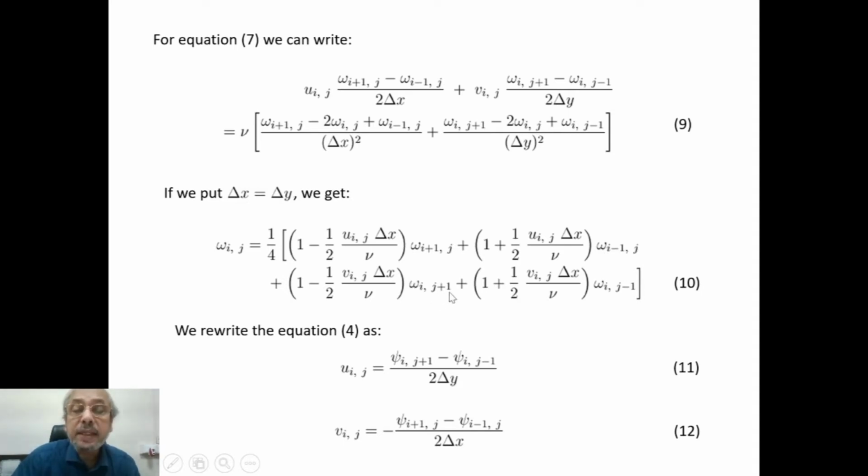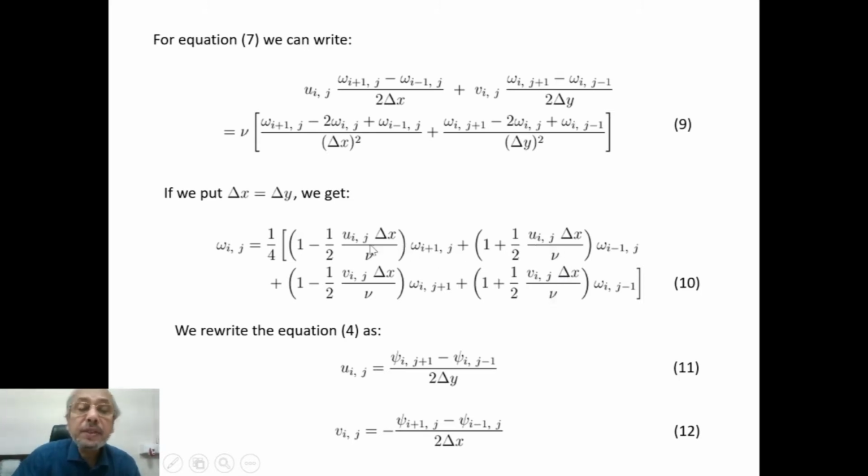Similarly, omega ij plus 1 with a coefficient comprising of v and nu and grid size, and omega ij minus 1 with a coefficient which has vij delta x and nu.